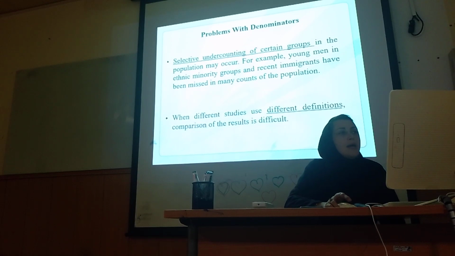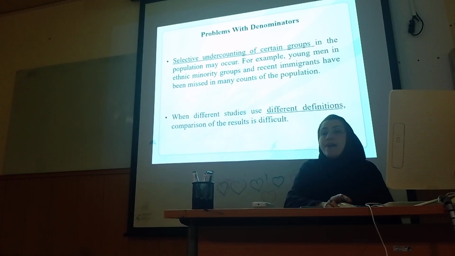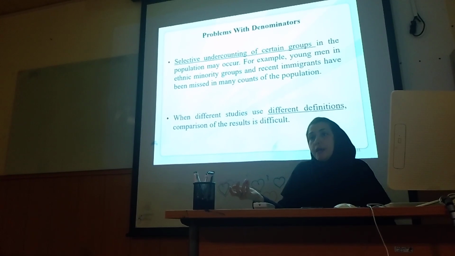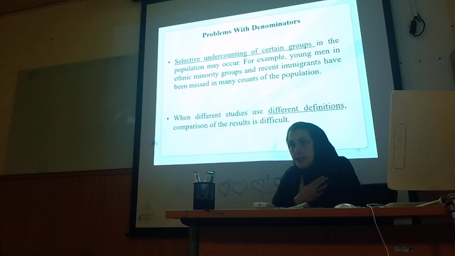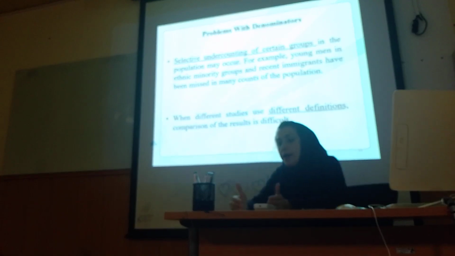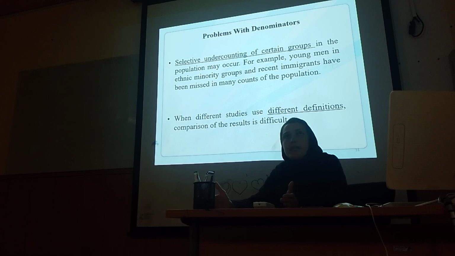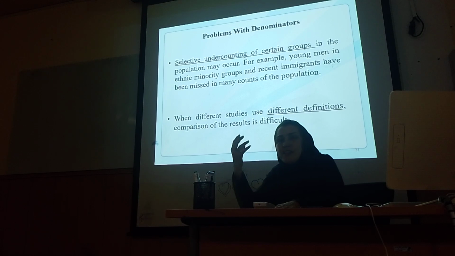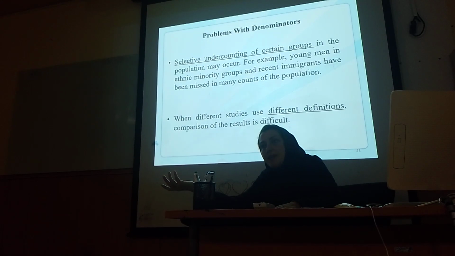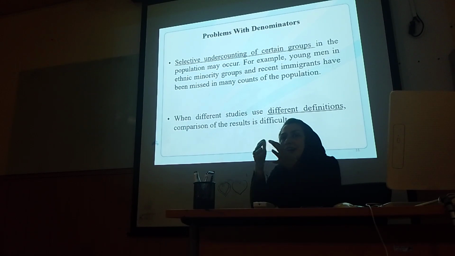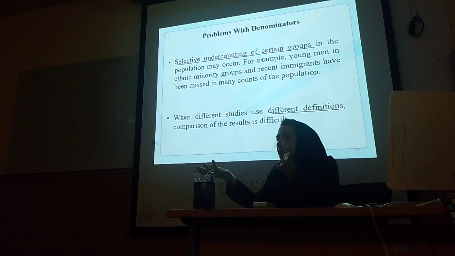And we should have the same definition for the numerator. If, for example, in my city, I want to calculate the prevalence of diabetes in a specific ethnicity, how can we define that ethnicity, that race?